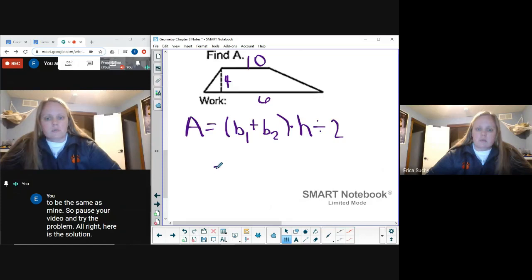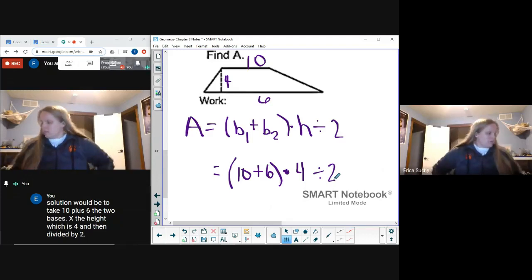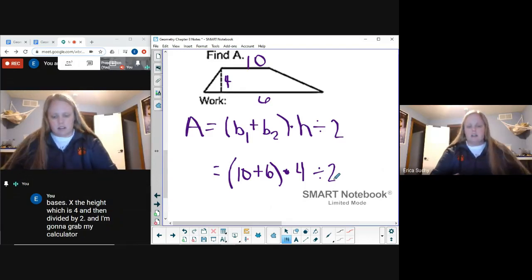So the solution would be to take 10 plus 6, the two bases, multiply by the height, which is 4, and then divide by 2. And I'm going to grab my calculator because I don't like doing things by hand if I don't have to.